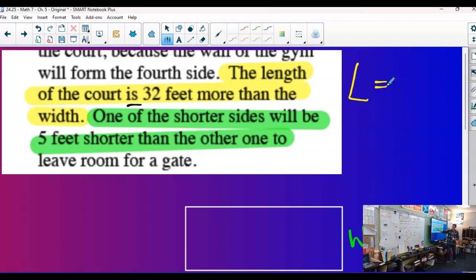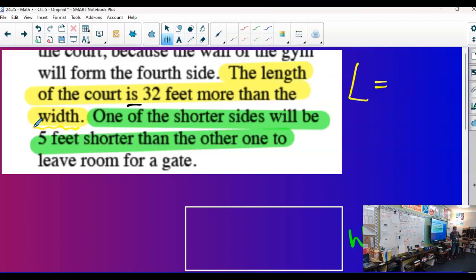So how do we write 32 more than the width? You want another shot? L equals 32. It's 32 more than the width. Jackson, are you thinking? It doesn't say the length is 32. It says the length is 32 more than the width. What is the width?